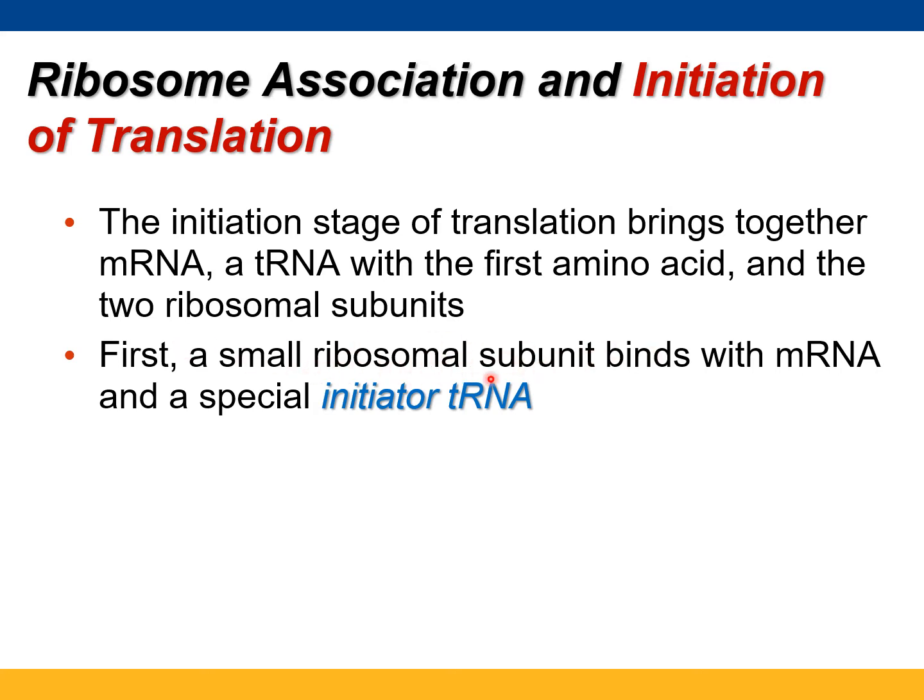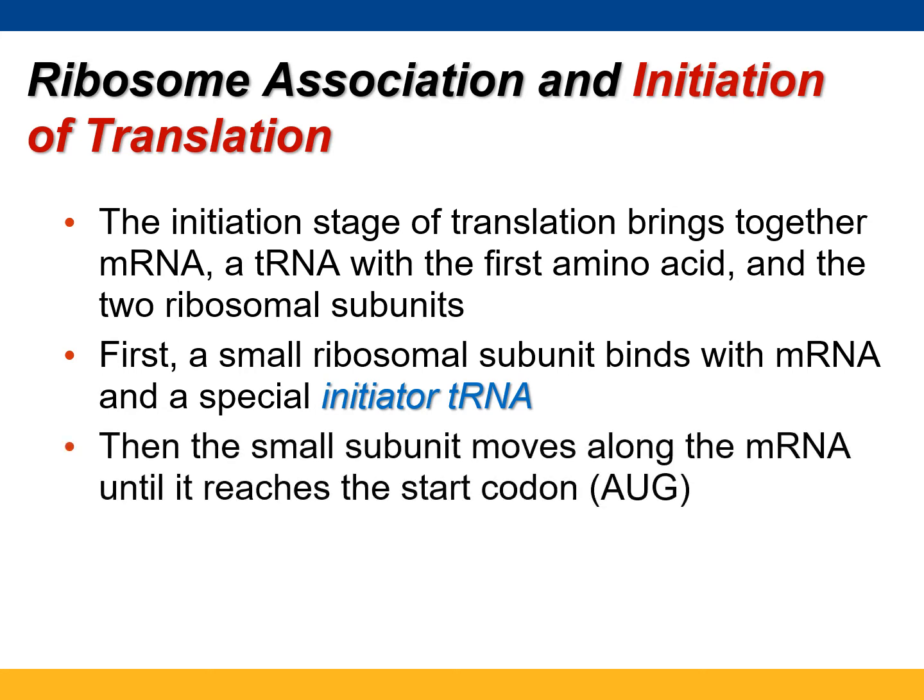So we have this small subunit, we have the mRNA and that special initiator tRNA. That's what the tRNA with the first amino acid is. The initiator tRNA is always methionine. Methionine, M-E-T-H-I-O-N-I-N-E. That tRNA is the initiator.